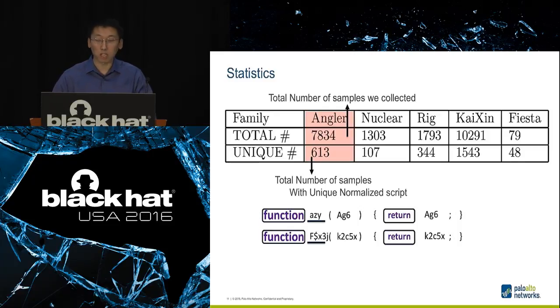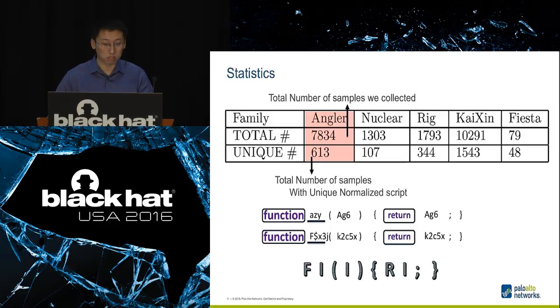The same situation happened to other obfuscated families as well. For example, these 2 pieces of JavaScript code are different at the source code level, but after normalization, they are identical.